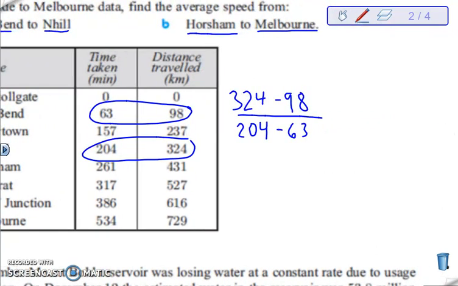So if we simplify that out, in a fraction that's 226 over 141.